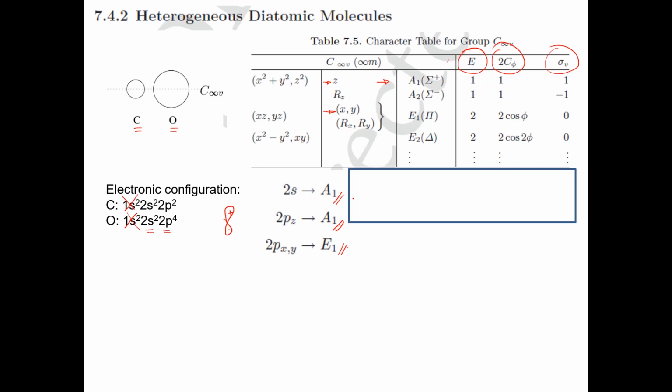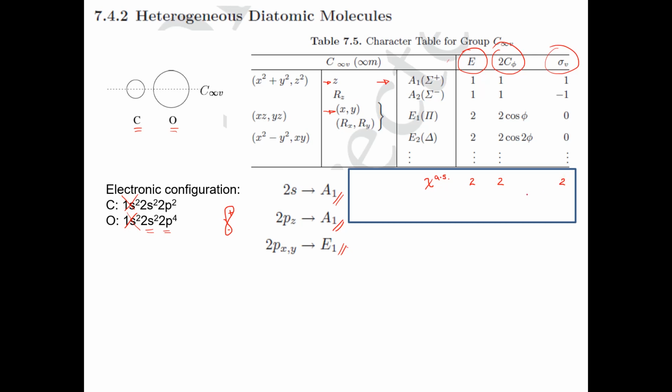Okay, very good. So what I need to do now is to calculate the characters of the equivalence representation. Okay, so the characters for the equivalence representation, once again let me call chi as, and when I apply the identity, both atoms do not change, and also for C phi and also for sigma v.